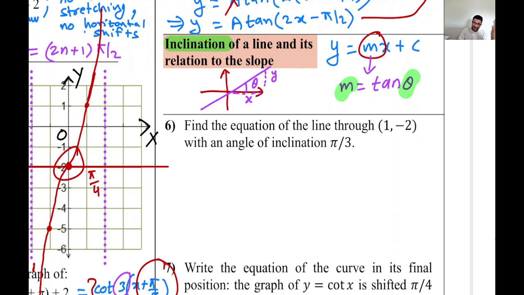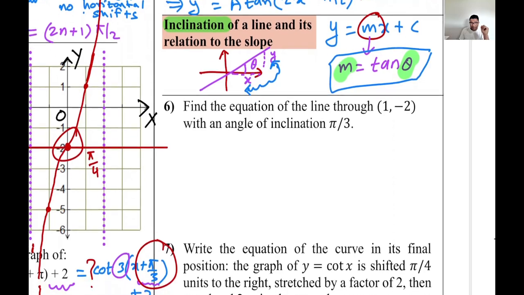And the connection, for you to understand, is the definition of tangent as y coordinate over x coordinate. So this equation here, m equals tan theta, is something you might want to memorize.